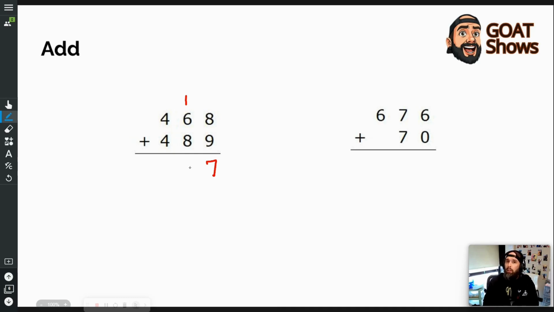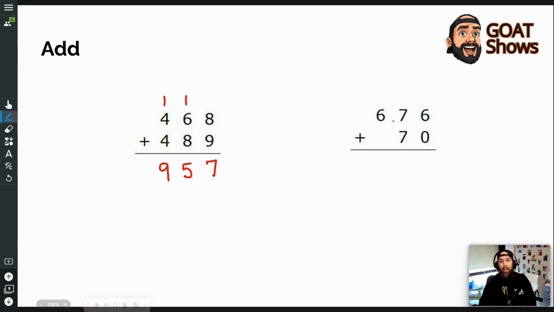So write out your 5 and carry the 1. Now add these 3 numbers up. 1 plus 4 is 5. 5 plus 4 is 9. So 468 plus 489 is 957.